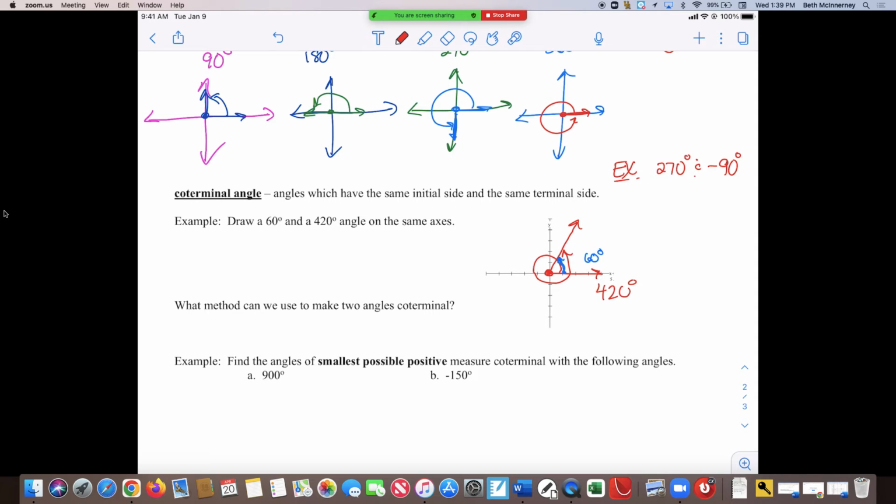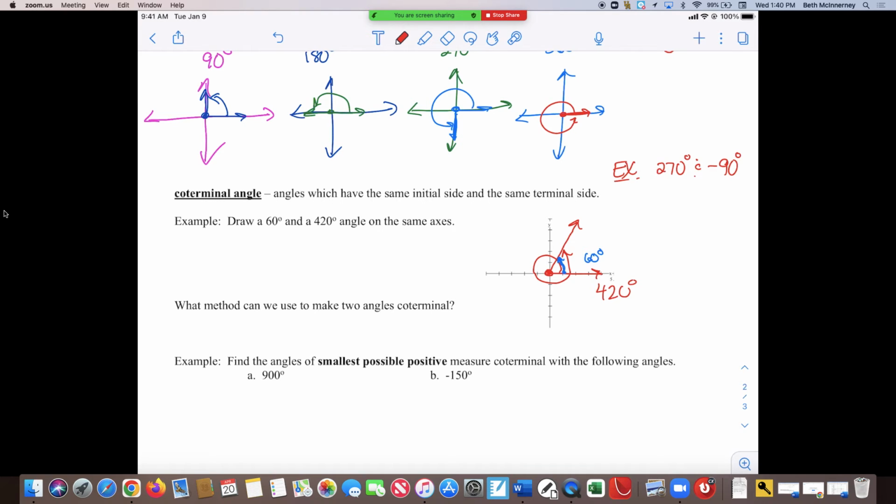Again, the definition for coterminal angles, and we're going to use this in the next lesson, is they have the same initial side and same terminal side. So they can still go positive rotations. What would I have to do to get the next positive one? So I have 60 degrees, I have 420 degrees.